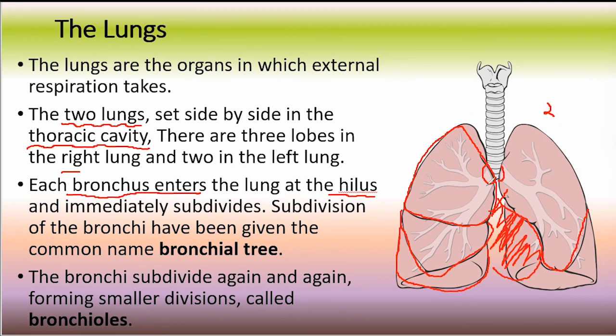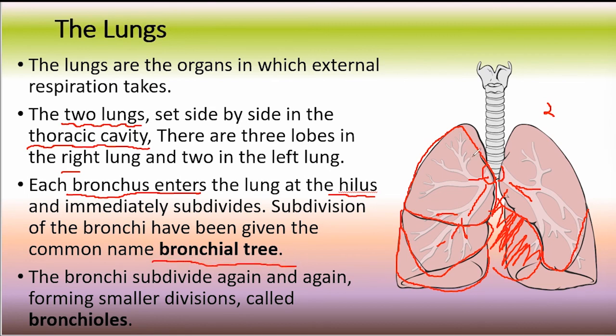And then they branch again. They branch into three on the right side and two on the left side first. Then they branch again, forming the bronchial tree.